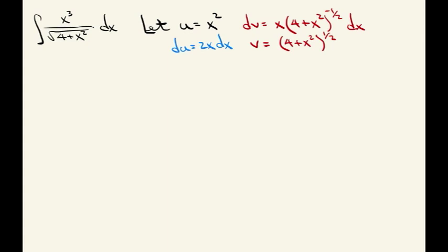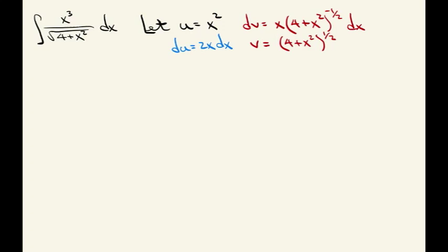If we differentiate that, we get 1/2 times 4 plus x squared to the negative 1/2 times 2x. The 2 in the 2x goes away together with the 1/2 out front, and we have exactly what we're looking for. In fact, the derivative of 4 plus x squared to the 1/2 power is x times the quantity 4 plus x squared to the negative 1/2.